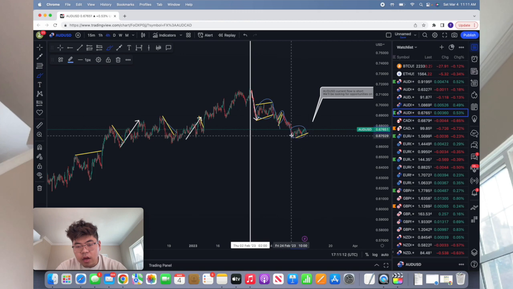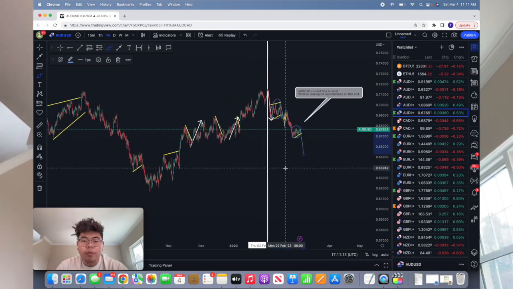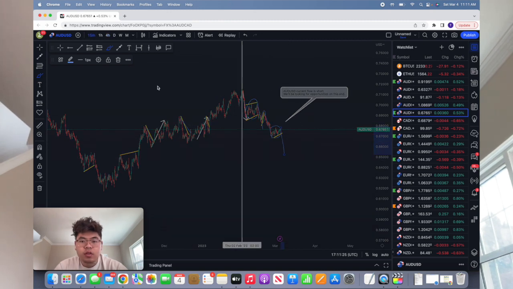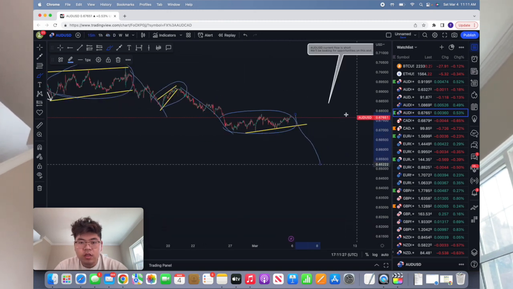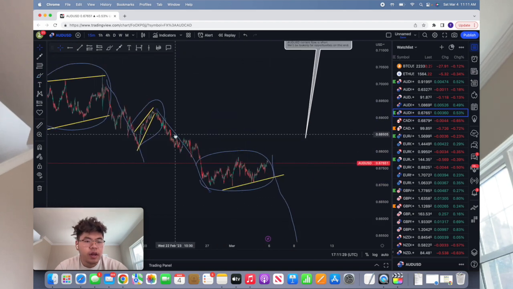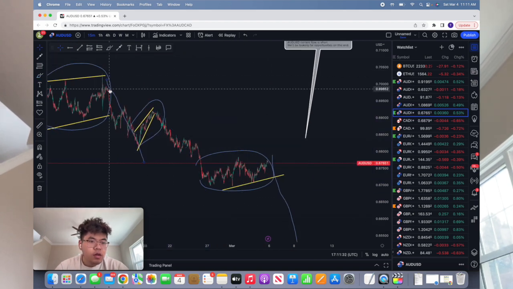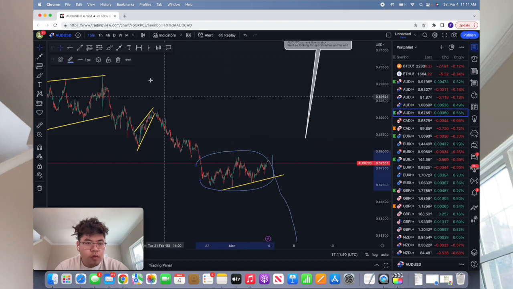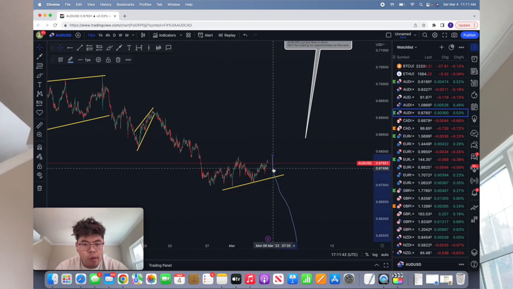And right now, I would say it's continuing to go down. So we will be looking for opportunities. We can identify AUD USD is coming to the downside. In this case, it's not something that we will enter right now, but again, we identify the direction of the market, and then we're going to continue to look for entry positions.